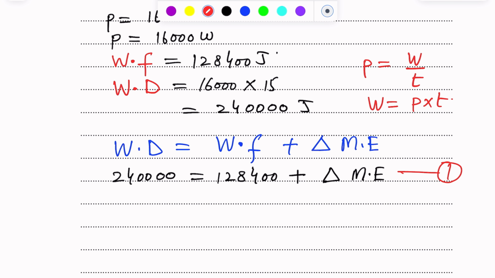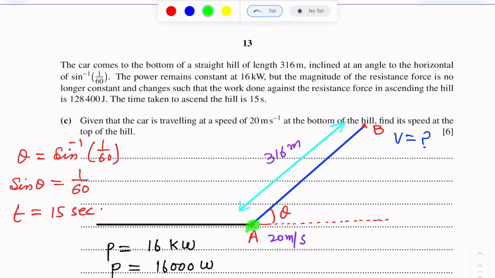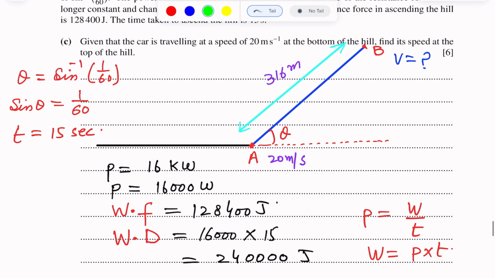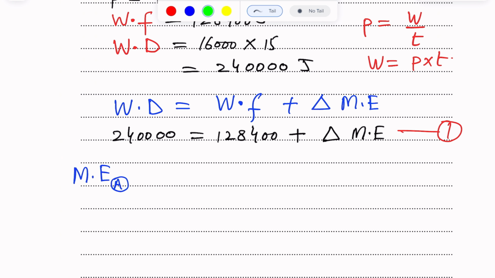Now first we will find the mechanical energy at point A. Because point A is on the horizontal road, there is no height, so the potential energy will be zero. But the car has speed 20 at this point, so there is kinetic energy.